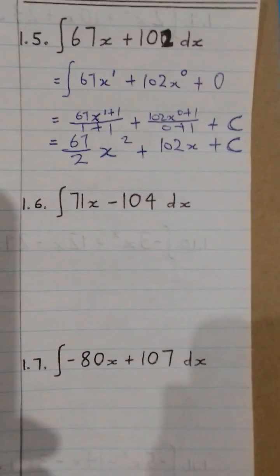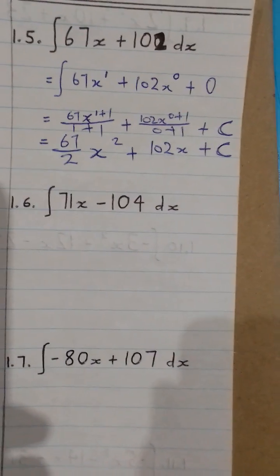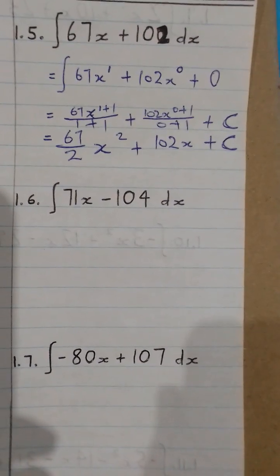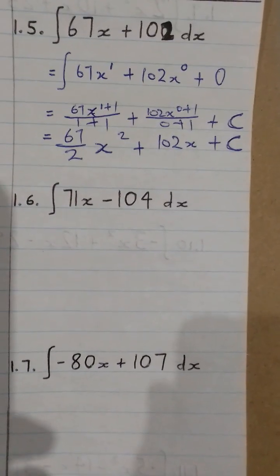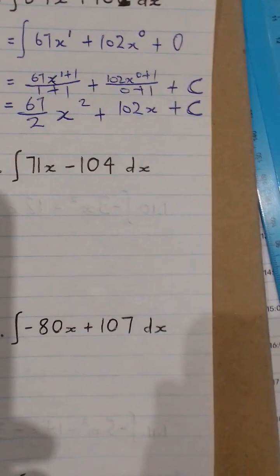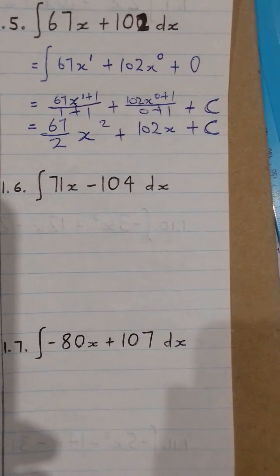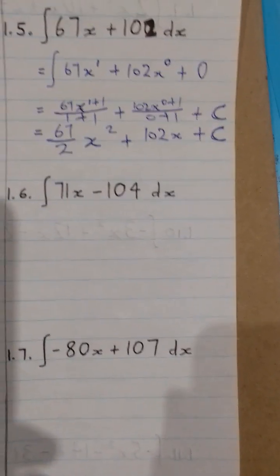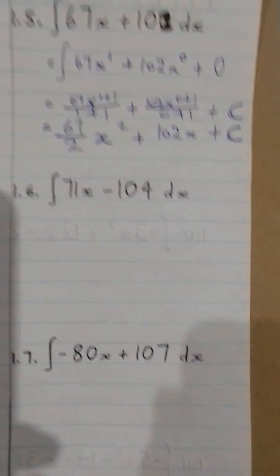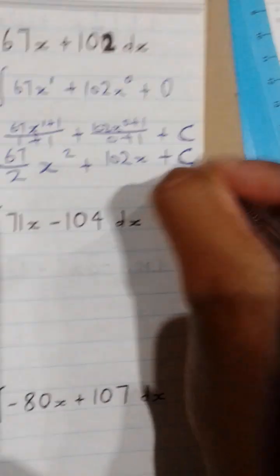So the final answer for 1.5 should be 67 over 2 x squared plus 102x plus c. Right? Hope that is clear, and I hope that makes sense. Please, you should note that you should write where c is an element of real numbers.